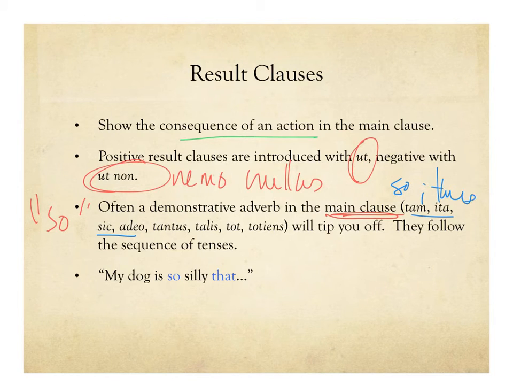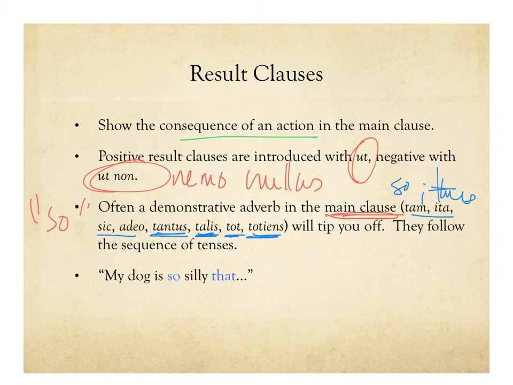Or it could be a word that has so sort of embedded in it. Tantus, so great. Talis, of such a sort. Tot, so many. Totiens, so often. If one of these words, whether it begins with a T or one of these other words, tam, sic, ita, adeo, occurs in the main part of your sentence, you may well be looking at a result clause.